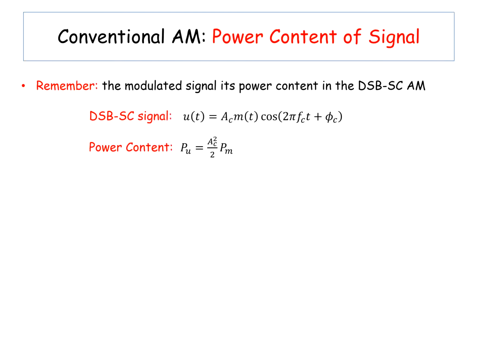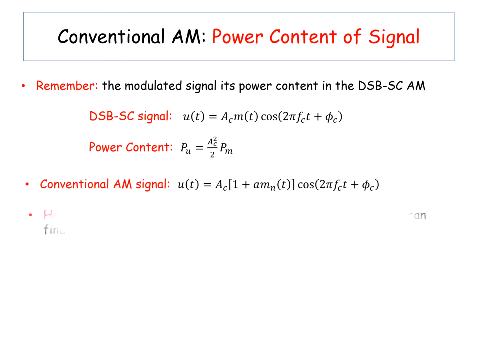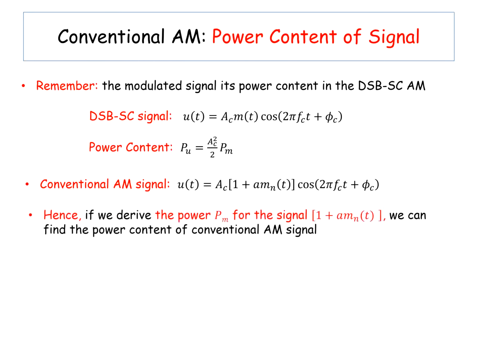Here, the power content of the signal is investigated. Let us first remember the modulated signal and its power content in the double sideband suppressed carrier modulation. It is very similar to the modulated signal of the conventional AM. Hence, if we derive the power for the signal, we can find the power content of the conventional AM signal.